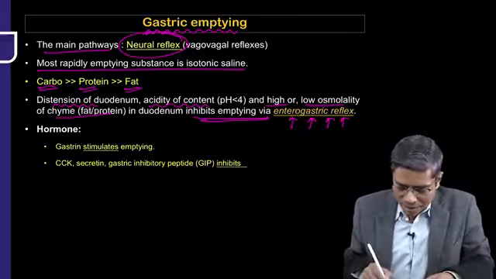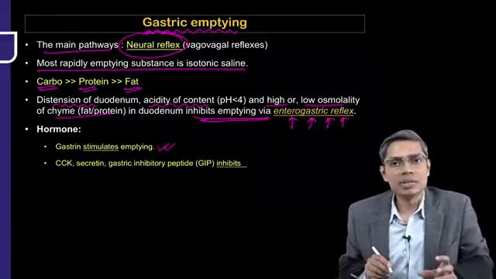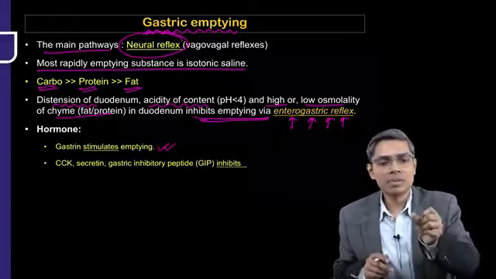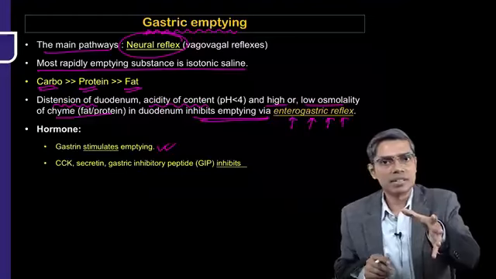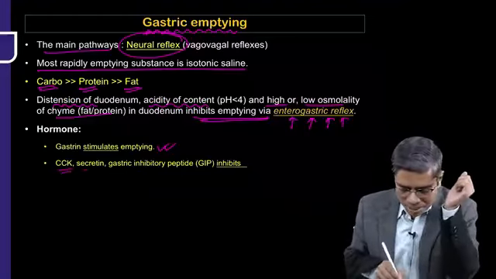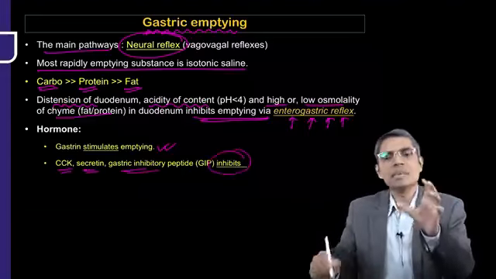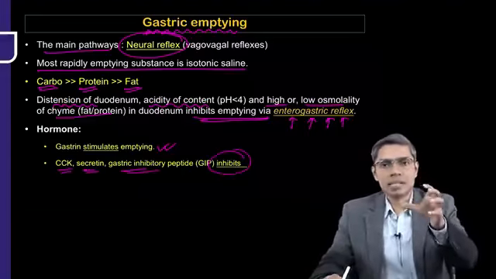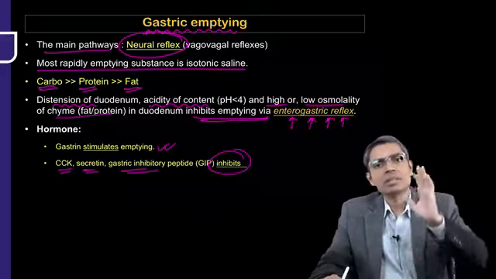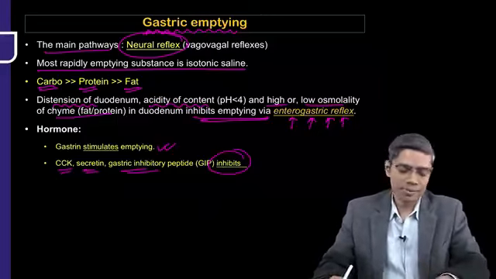Who are they? Gastrin stimulates the emptying. Means if I ask you what is the role of gastrin on the pyloric sphincter, it will cause relaxation of the pyloric sphincter. But CCK, secretin and gastric inhibitory peptide, GIP, basically inhibit the emptying of the stomach. Got it? Okay, very good.